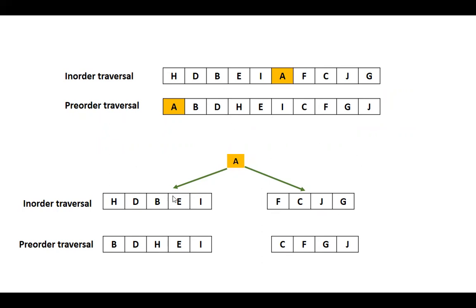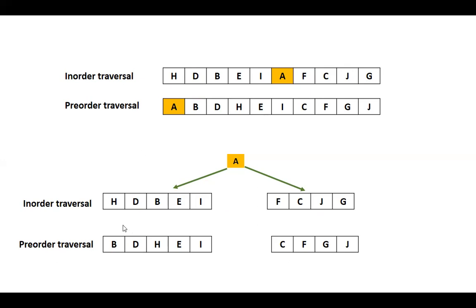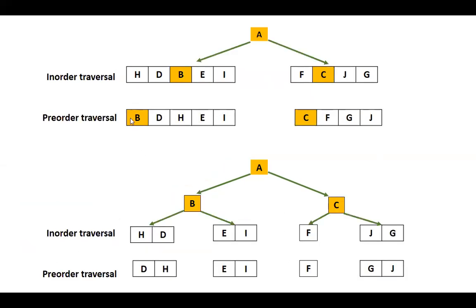Now let us see what will be the left child of A, and what will be the right child of A. Again you apply the same thing. The first element in the pre-order traversal is always the root. If you look at this side, the first element is B, so B is the root. Now trace this B in the in-order traversal.